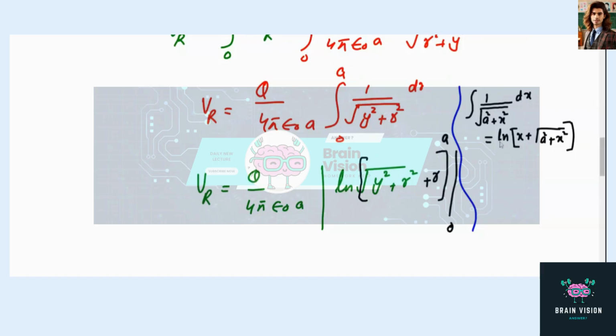Here we have used the integral, that is 1 upon square root of a square plus x square dx is equal to log of x plus square root of a square plus x square. Now here we will put the limits. First we will put r equal to a, then we will put r equal to 0.